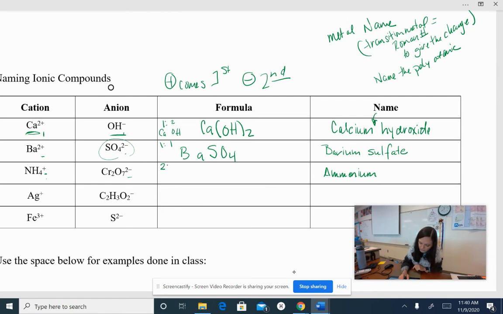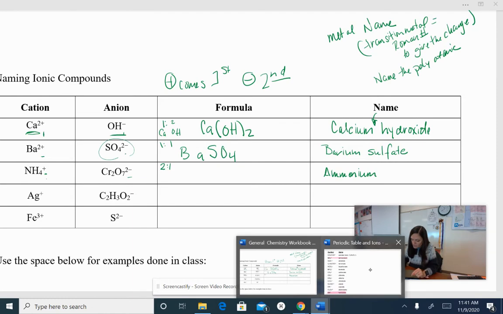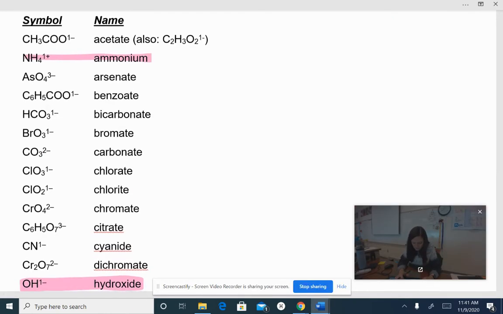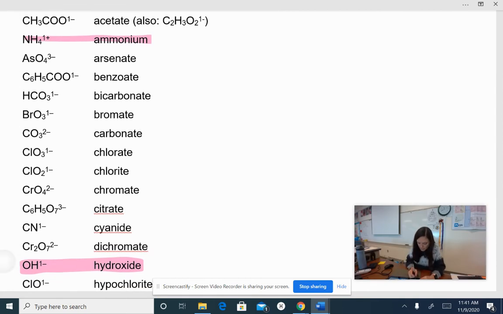I need 1. So I'm going to need 2 ammoniums and 1 dichromate. Let's look at the Cr2O7 here really quick. Cr2O7, here we are. It's dichromate. Okay, so we have our name, ammonium dichromate.